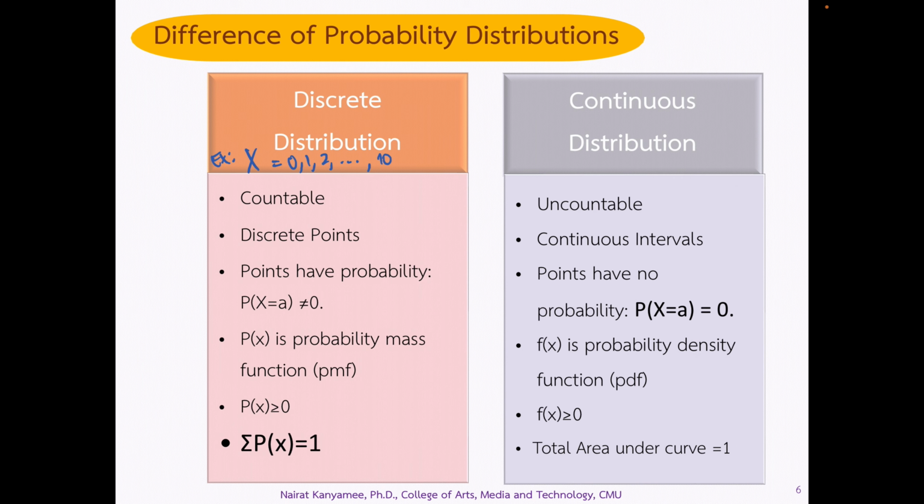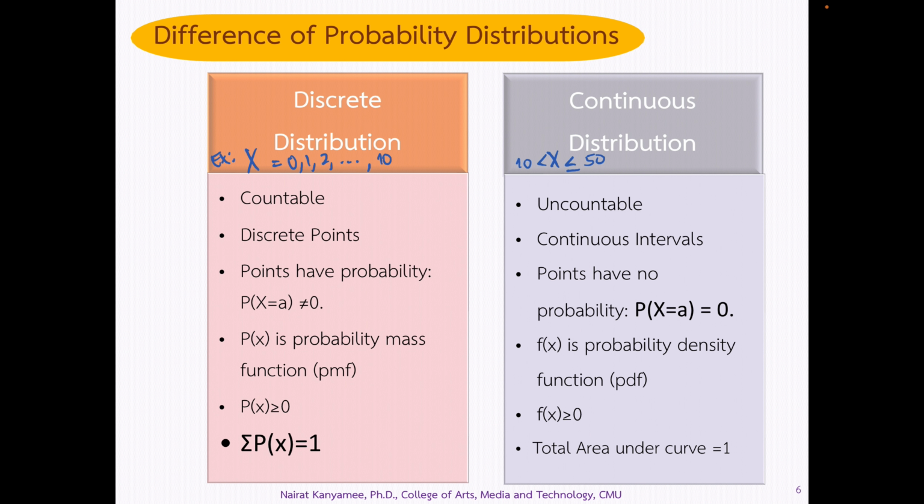But for a continuous distribution, we don't have exact values, so X might be less than 10, or greater than 10 and less than or equal to 50, something like that. It's on an interval. So discrete X is countable, and continuous is uncountable.